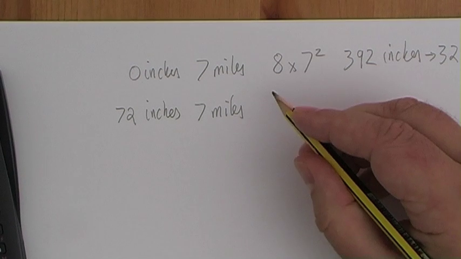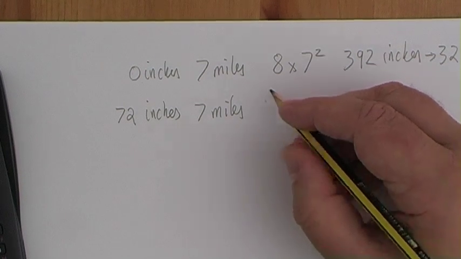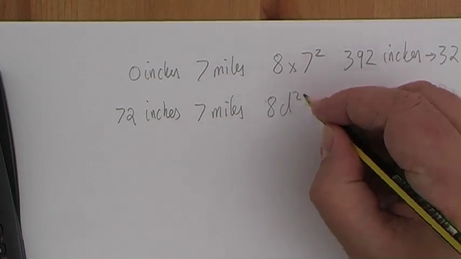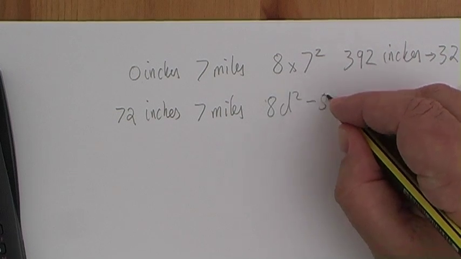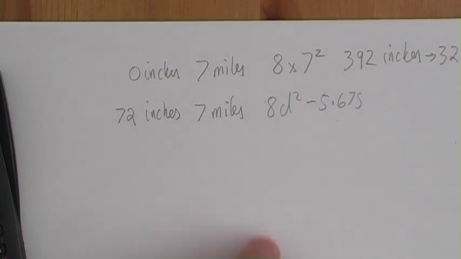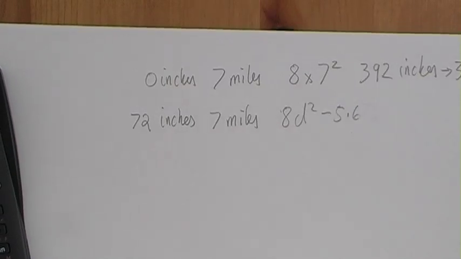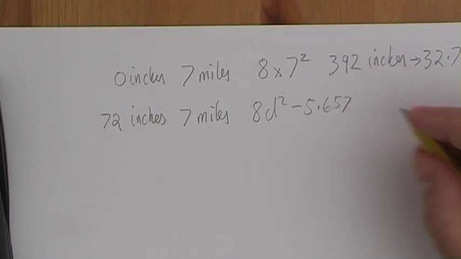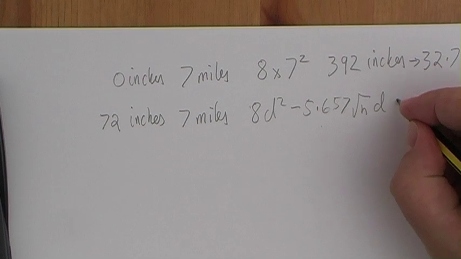So that gives you, remember our formula is 8d squared minus 5.657 root h, d plus h.